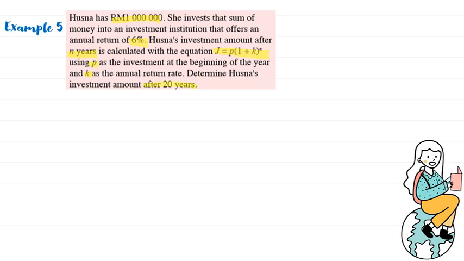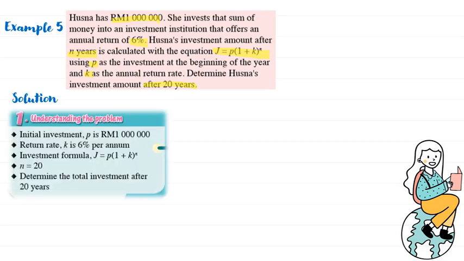If we have this kind of solving problem question, which is a long sentence, the first thing you need to do is understand the problem. Try to take out as much information as you can from the statement. So the initial investment P is 1 million, return rate K is 6%, the investment formula is given here, and n is 20.